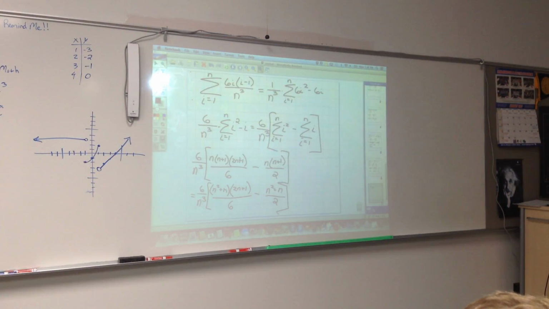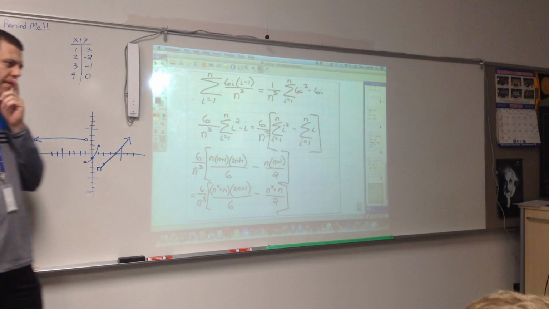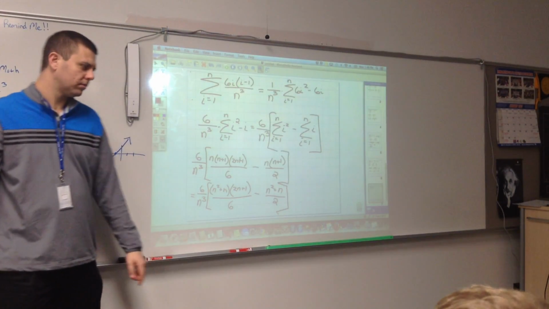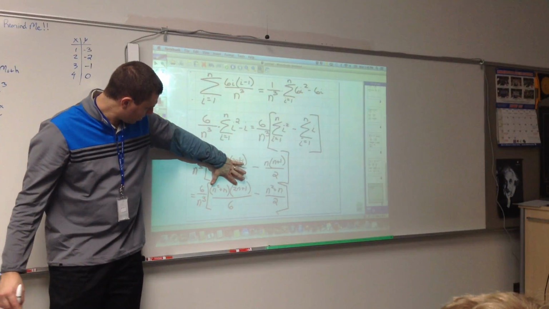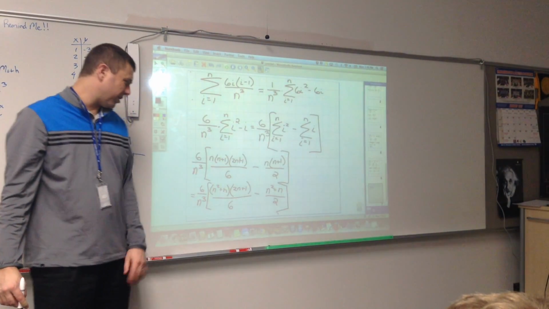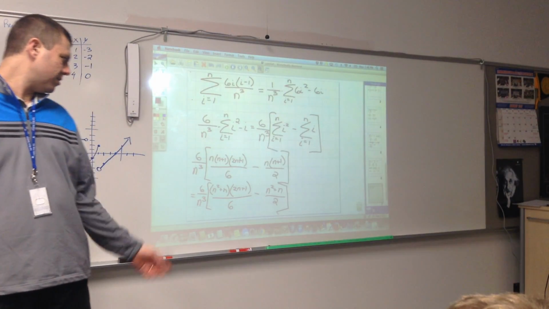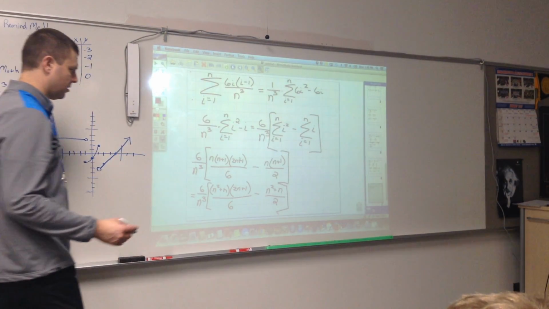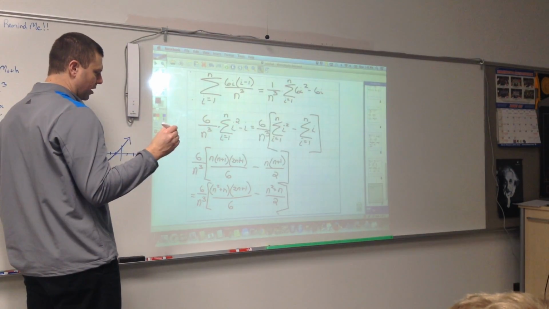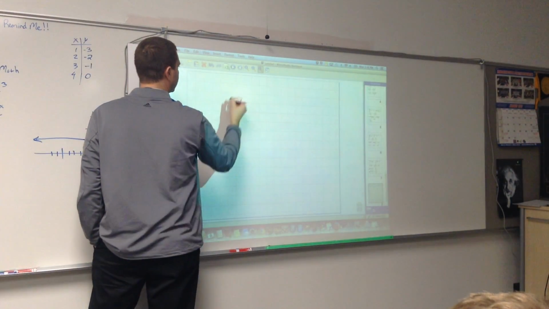So you could probably do more steps, but questions so far? I'm going to FOIL this. 2n cubed plus n squared plus 2n squared, so that'd be 3n squared plus n.